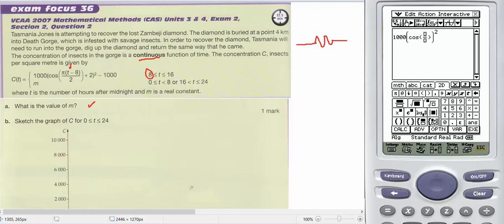And on top of the fraction I have pi, and I'm going to open up another bracket, x instead of t, minus 8, all over 2. And inside this squared I've also got plus 2, and outside here I've got minus 1000.